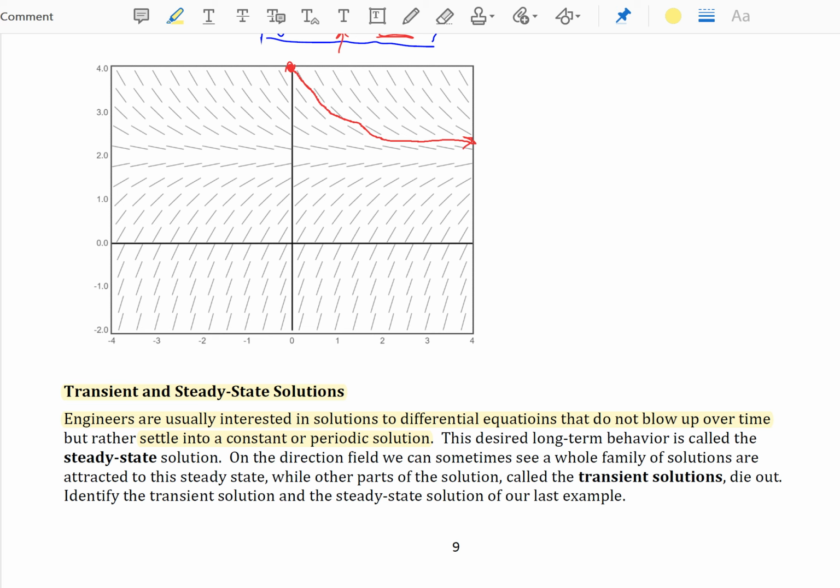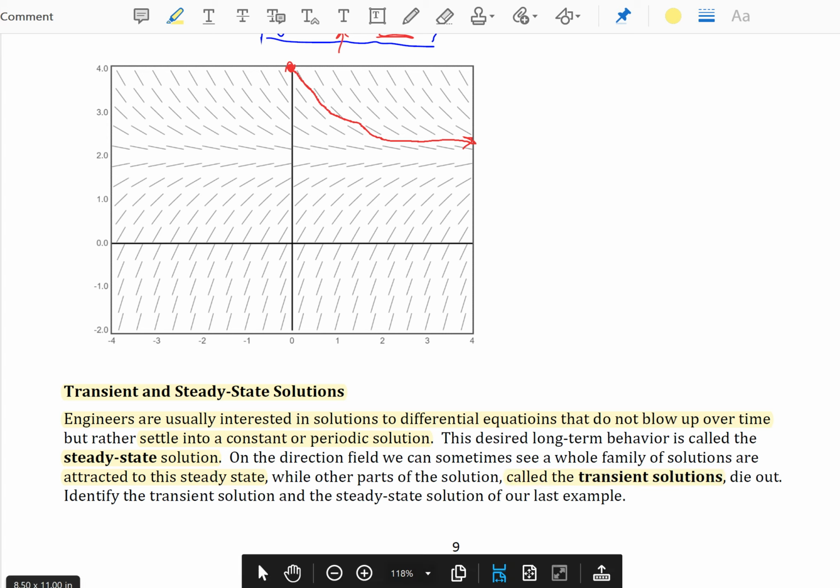This desired long-term behavior is called the steady state solution. On the direction field, we can sometimes see a whole family of solutions that are attracted to this steady state solution, while other parts of the solution, called transient solutions, will die out.